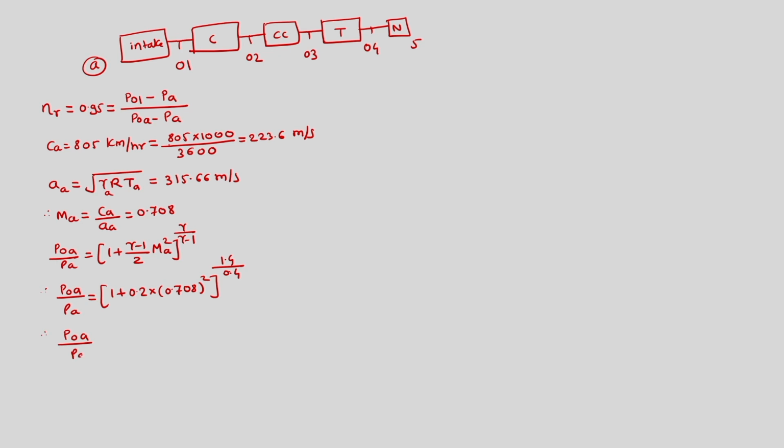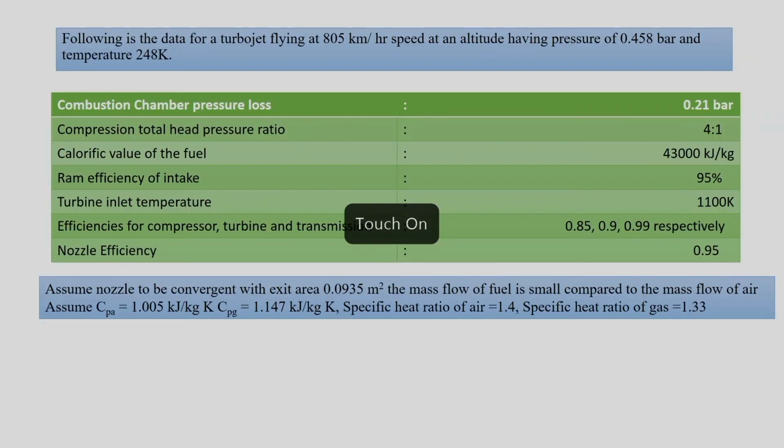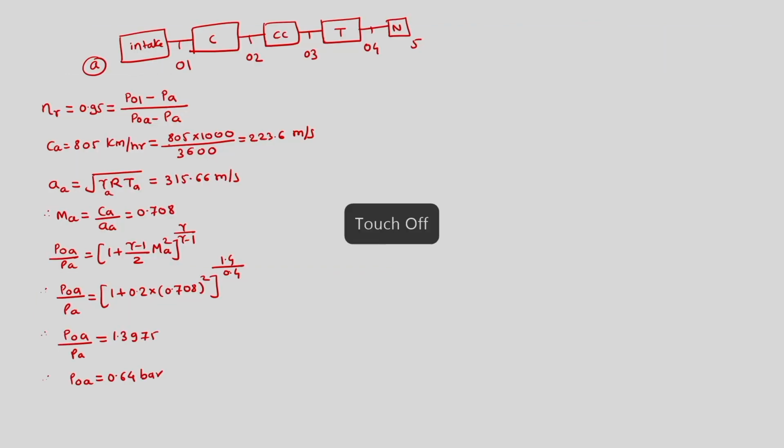So P0a upon Pa gives us the ratio as 1.3975, and this gives us P0a as 0.64 bar. We are given Pa as 0.458 bar.